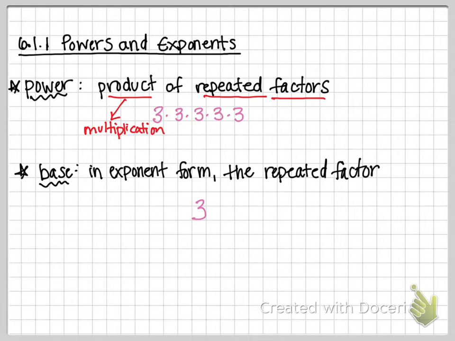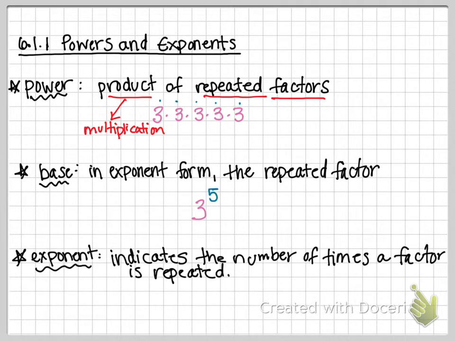And the exponent, the last part of this, tells us how many times we are multiplying that base, in this case the 3, by itself. If we go back to our original, we did 3 times 3 times 3 times 3 times 3, right? 1, 2, 3, 4, 5 3s.